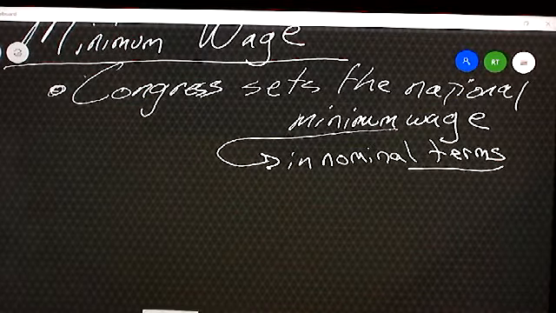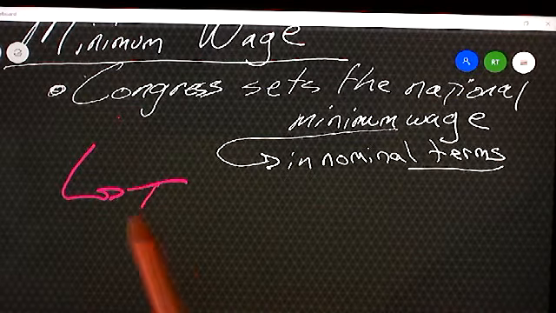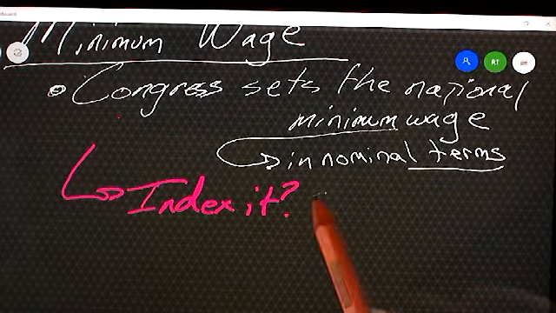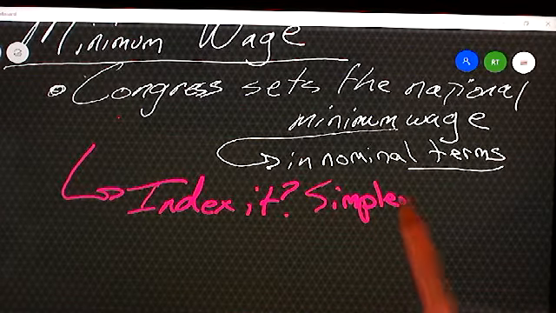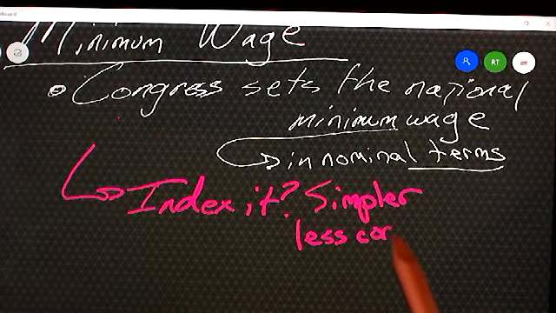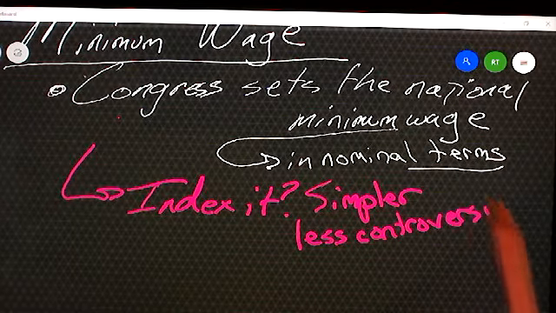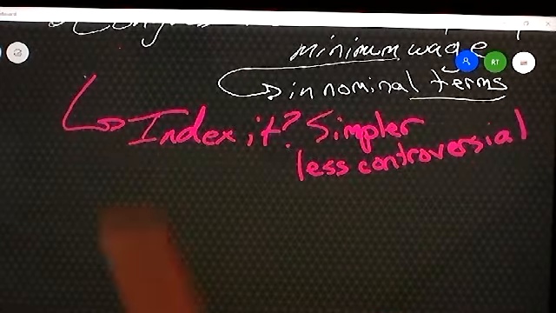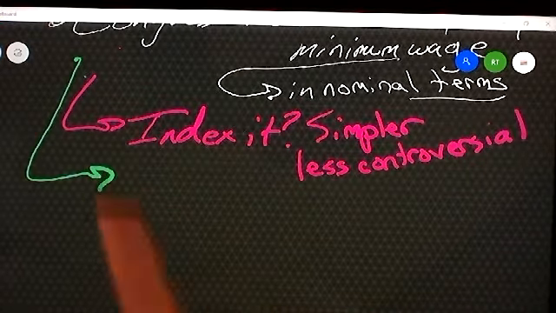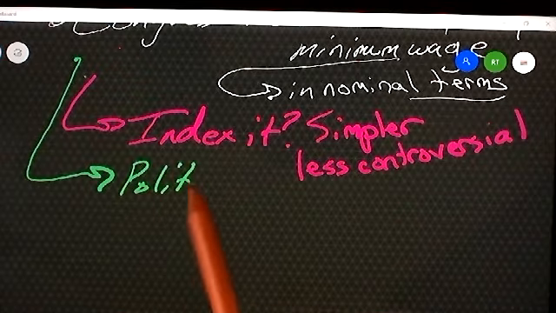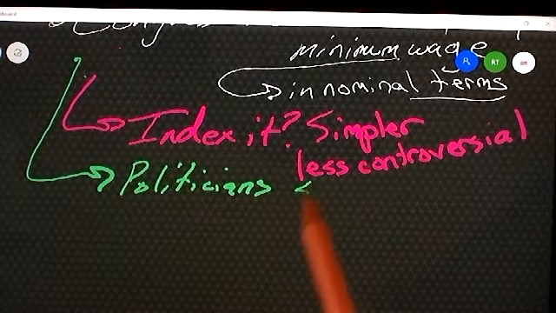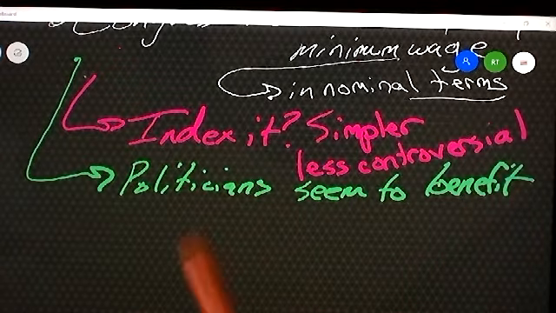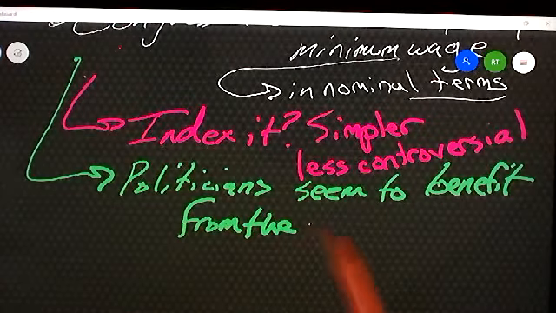So indexing it, there's a lot of debate, right? It would be simpler and less controversial. But essentially, it would also involve politicians giving up some power, right? So politicians seem to benefit from the debate.